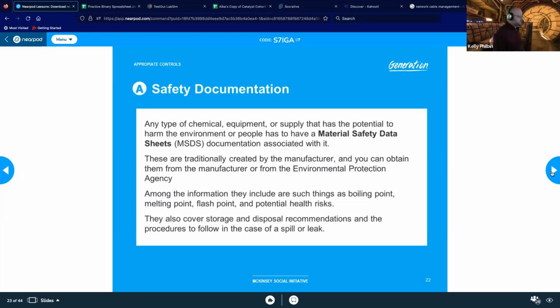So this is any type of chemical, equipment, or supply that could cause a potential hazard. Traditionally, the manufacturer of these items will have their own makeup of these, and you can just print them out and keep them in a folder. They'll give you all the types of information for it: its boiling point, its combustion point, in what capacities it is hazardous, and what chemicals it becomes dangerous if mixed with.